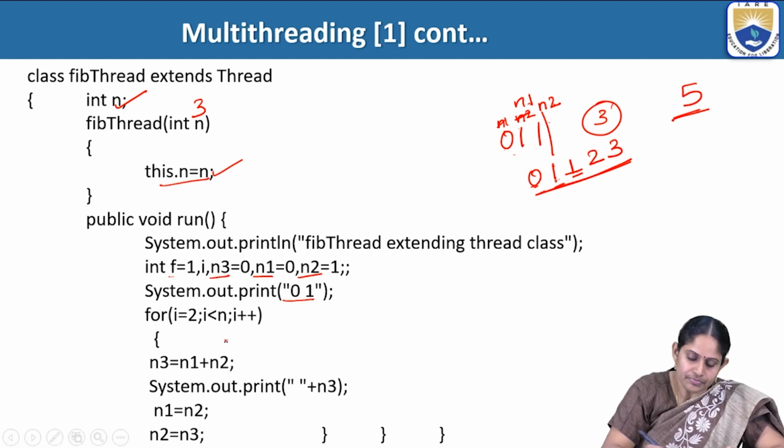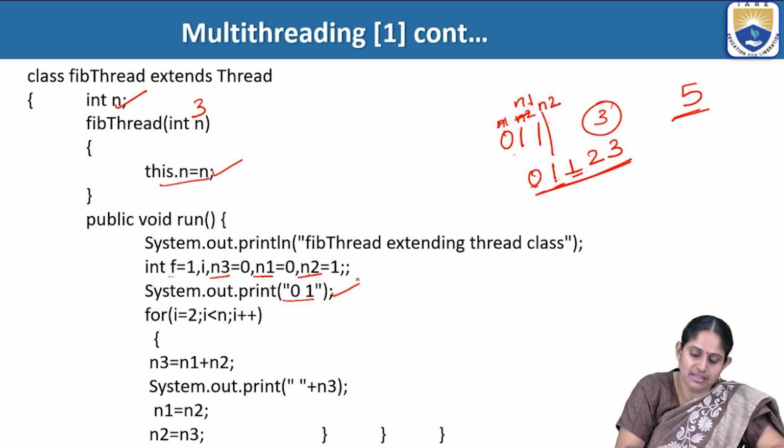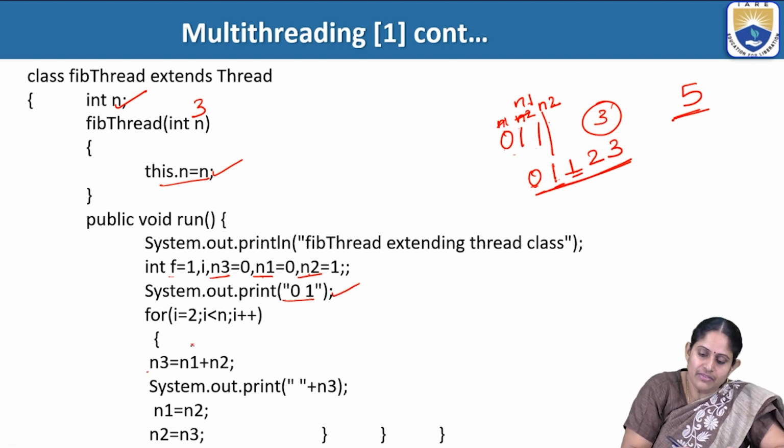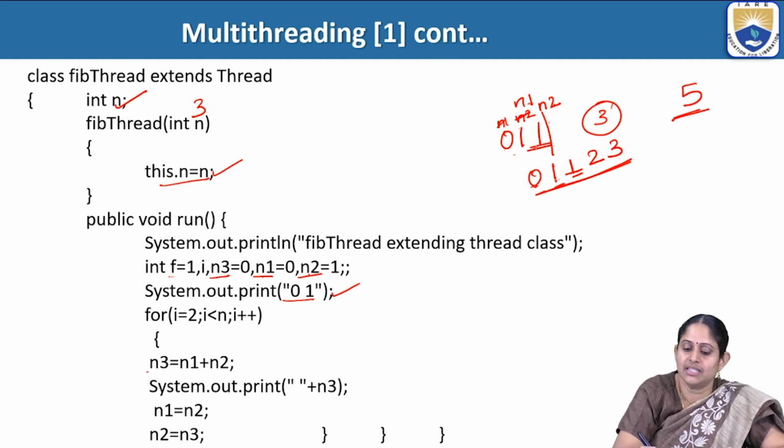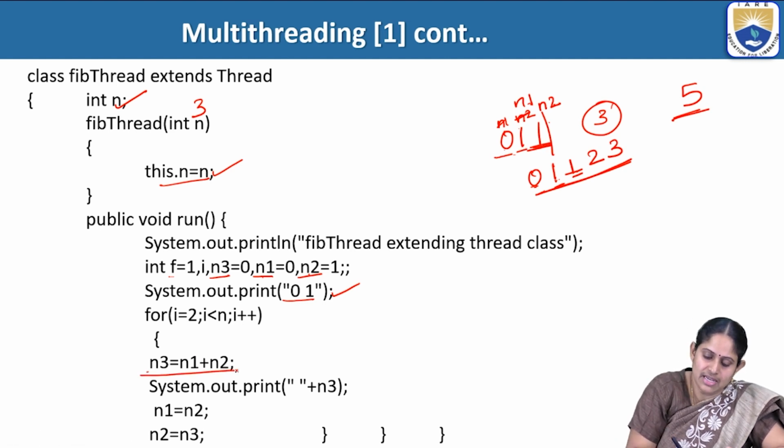So here, first we have initialized n1 and n2 values to 0 and 1 and they are displayed. The values 0 and 1 are displayed. Then we have to get the third number. To get the third number, we have to add these first two terms. So first we are adding the first two terms and displaying it.